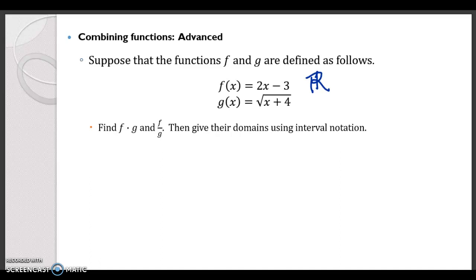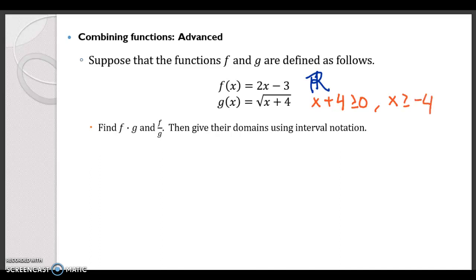The domain for g is when x plus 4 is greater than or equal to 0, or where x is greater than or equal to negative 4, which I get from subtracting 4 from both sides.